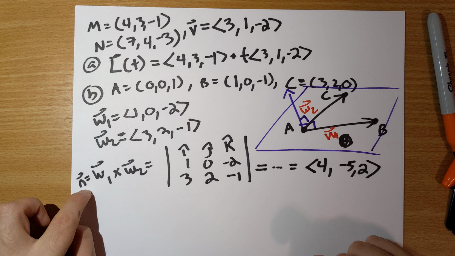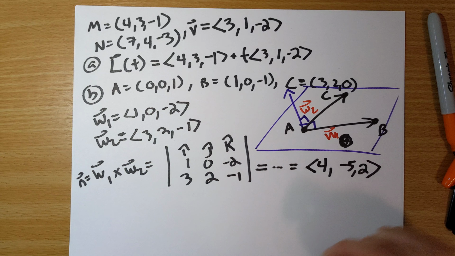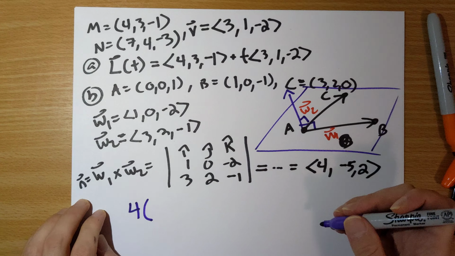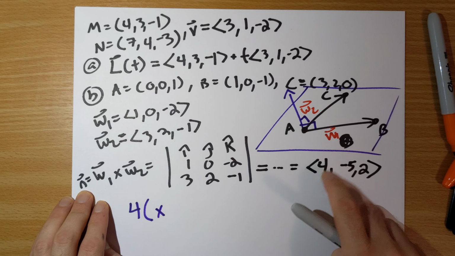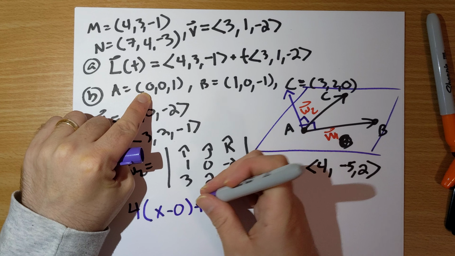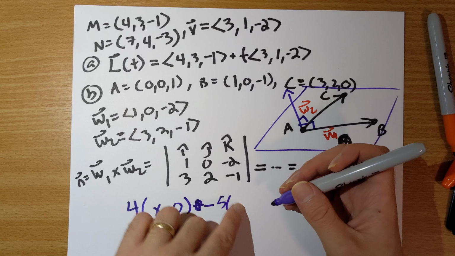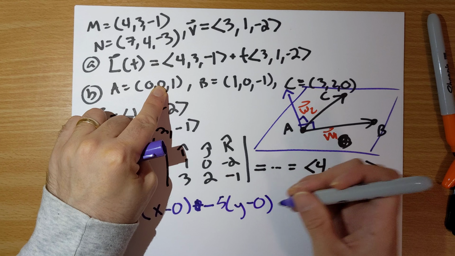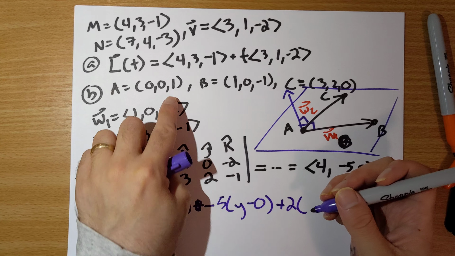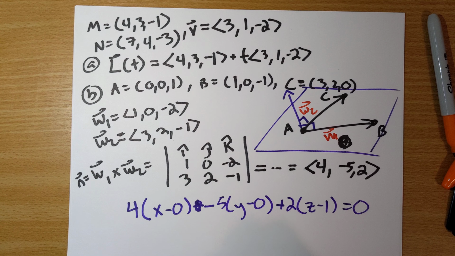Okay, so we've got our normal vector, and then we can pick any one of these 3 points. I'm just going to pick point A here. So it's going to be 4 times, 4 is coming from here, times x minus 0, plus, I guess, minus 5 times y minus 0, and plus 2 times z minus 1 gives us 0.